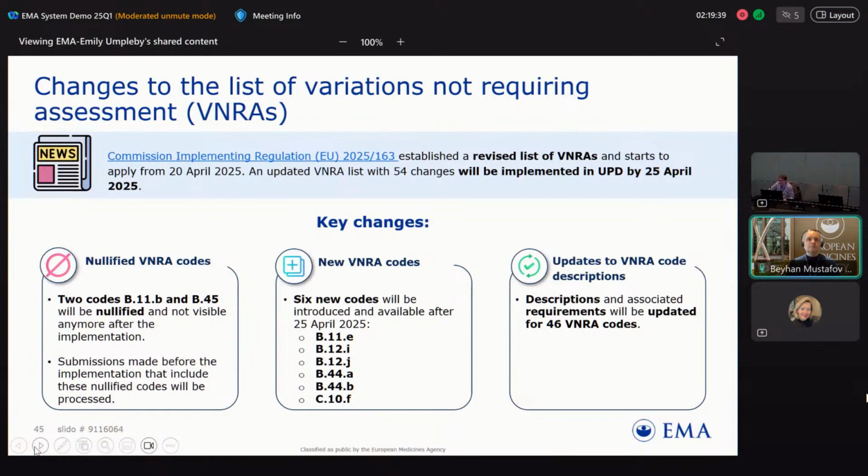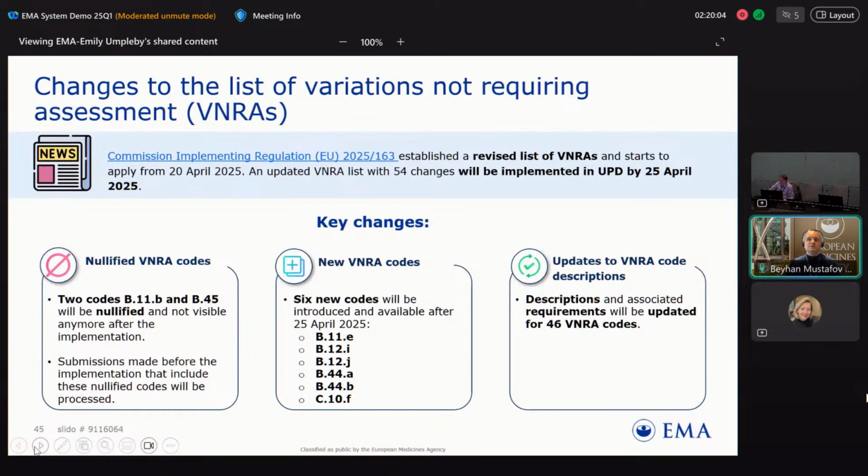changes in total. 2 VNRA codes are going to be deleted, but we have made sure that the submissions made before that will be able to be processed, respectively, accepted or rejected. We have 6 new VNRA codes and also 46 existing VNRA codes.